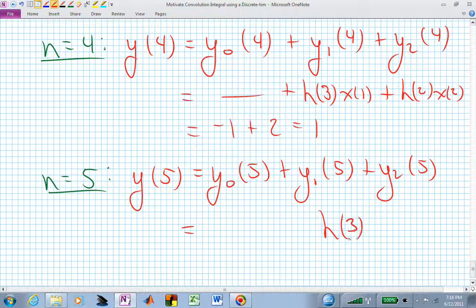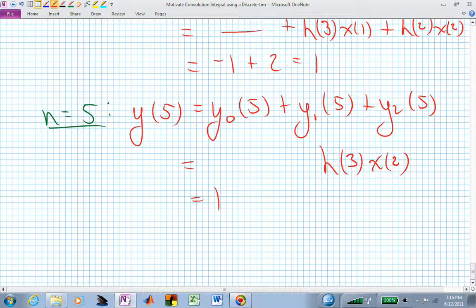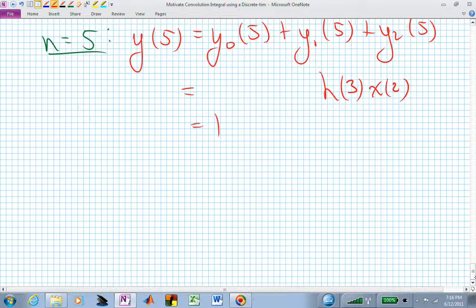We're simply left with the response component due to the input applied at n equal 2, which is 3 units later, so that's h of 3 x sub 2, which is 1, and that's now the output response at time n equal 5.